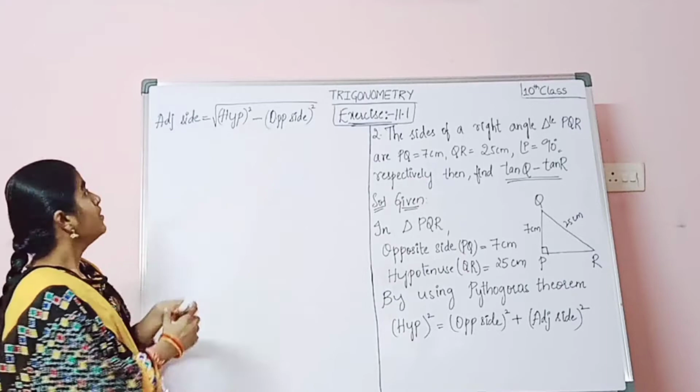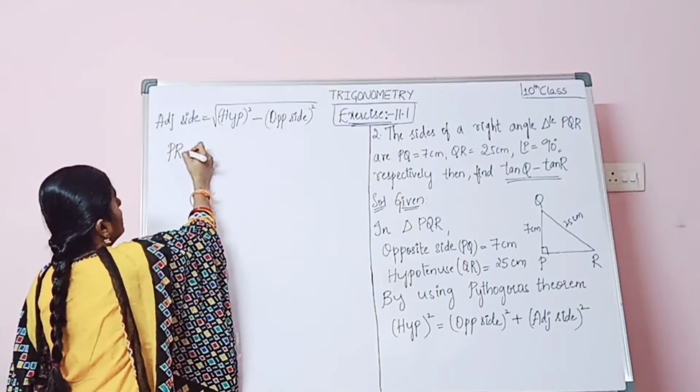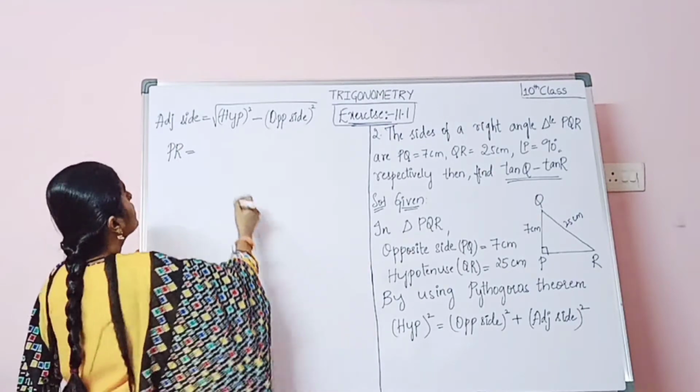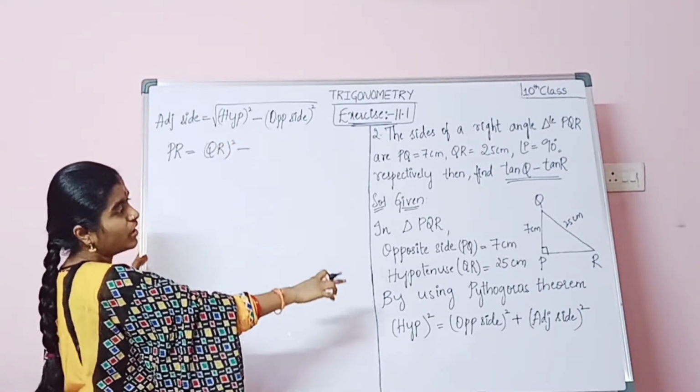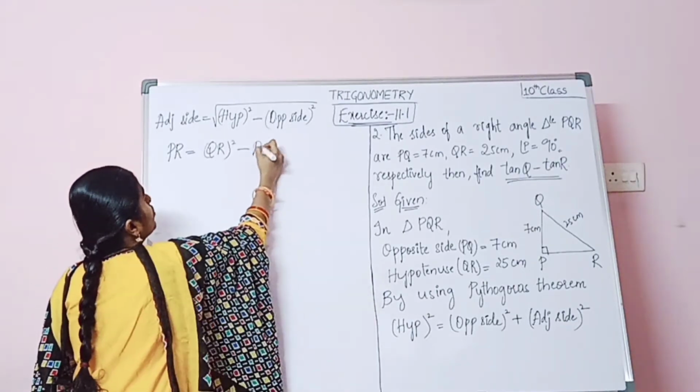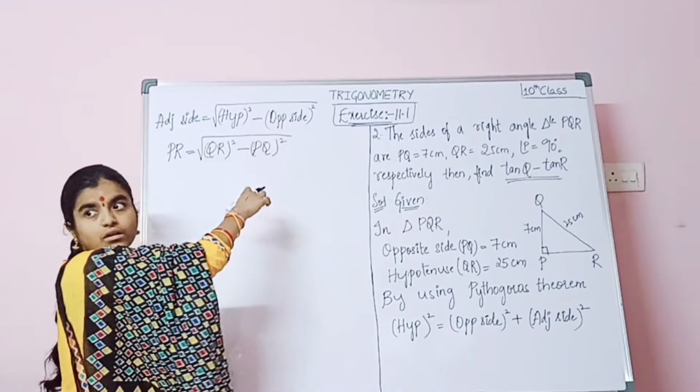So PR equals root of QR whole square minus PQ whole square.